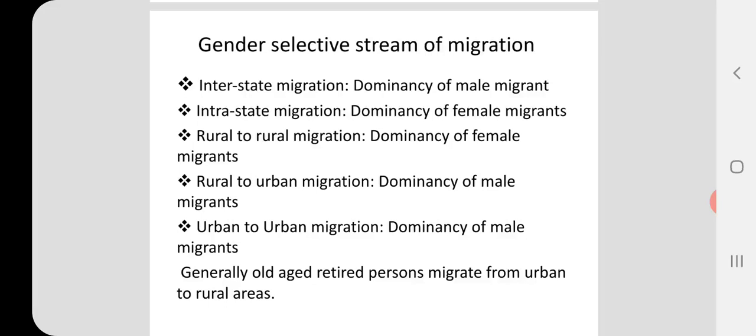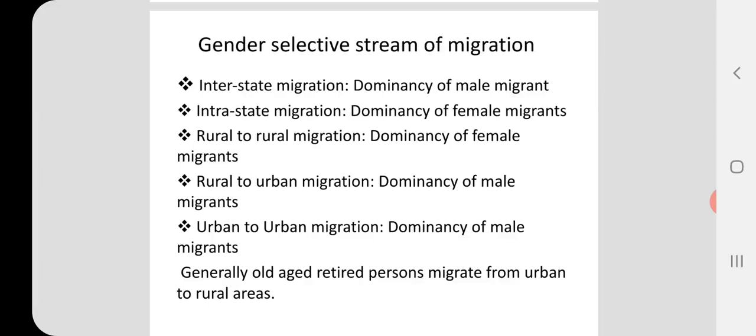Next is rural to rural migration. Rural to rural migration is dominated by female migrants mainly. The cause of this female dominance in rural to rural migration is also marriage.